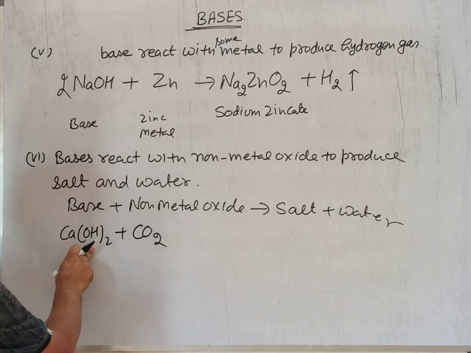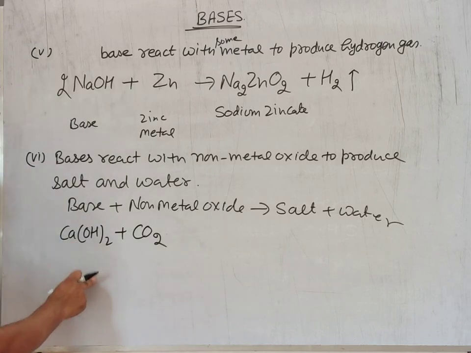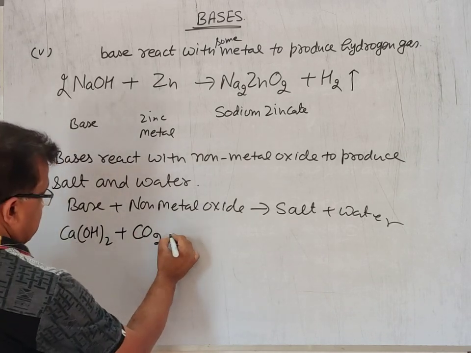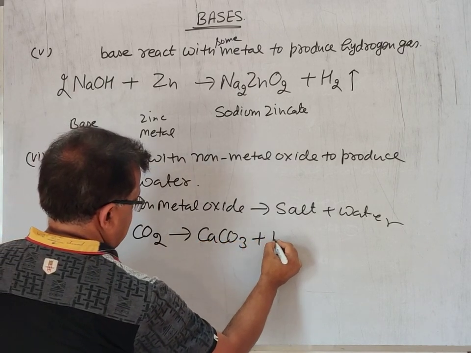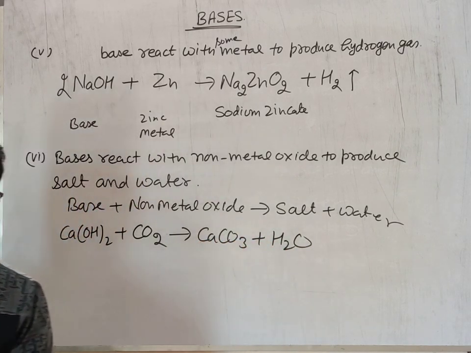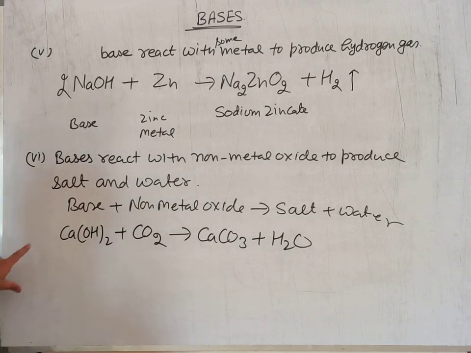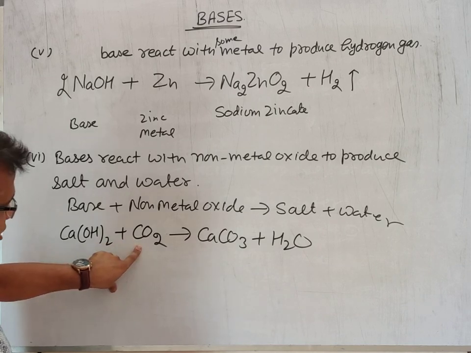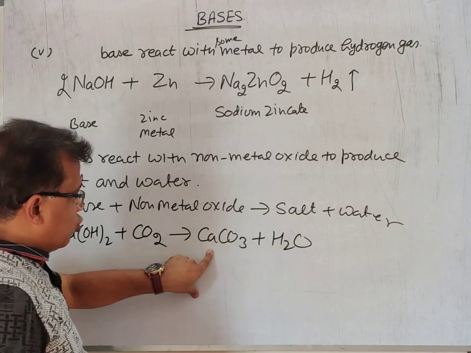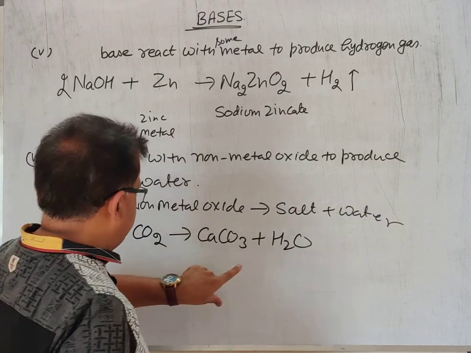Here you are observing that Ca(OH)2 is a base and it will produce CaCO3 plus water. So what we are observing is that base calcium hydroxide reacts with non-metal oxide carbon dioxide to produce calcium carbonate and water.